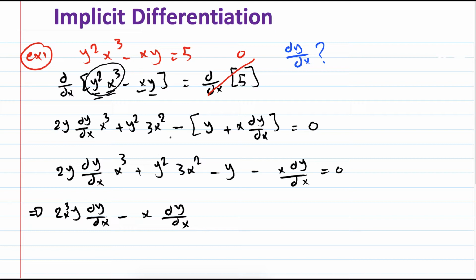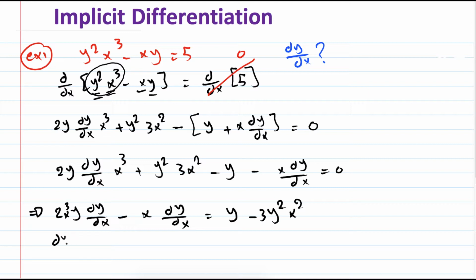Okay, and then I'm going to put the rest of these on the other side, equaling to y minus 3y to the 2 x to the 2. Okay, so here I can take dy over dx out as a common factor.